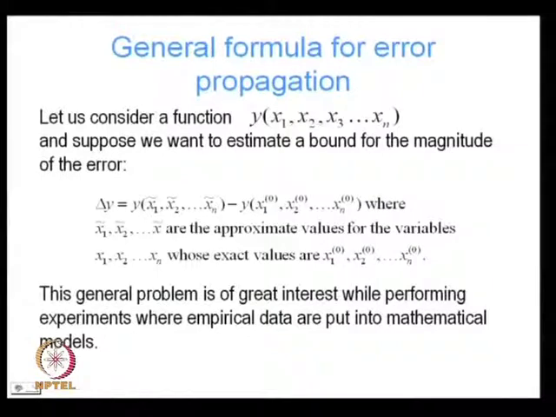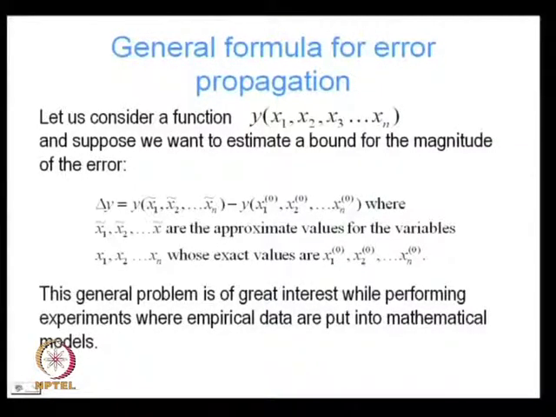So, the variables are x1, x2, xn whose exact values are x10, x20 and xn0, and x1 tilde, x2 tilde, xn tilde are the approximate values for those variables.